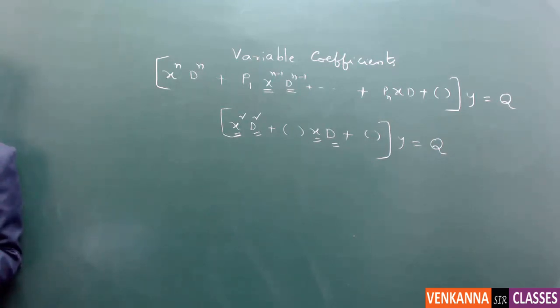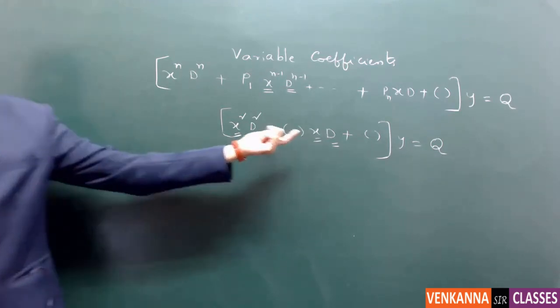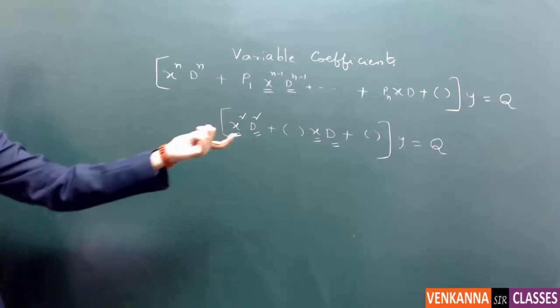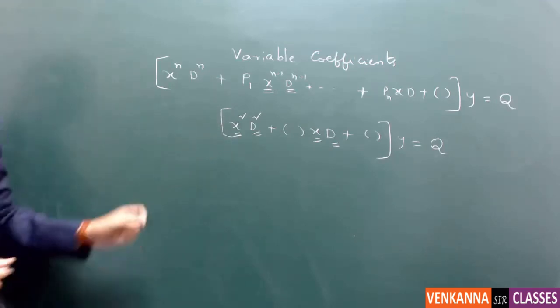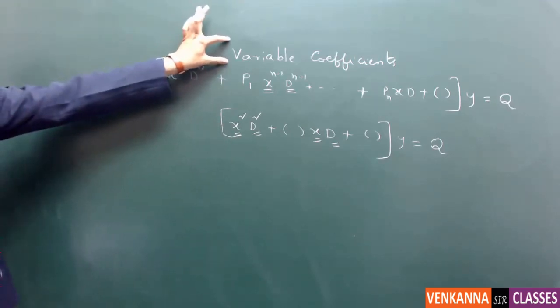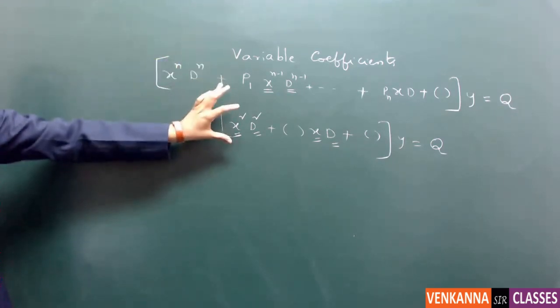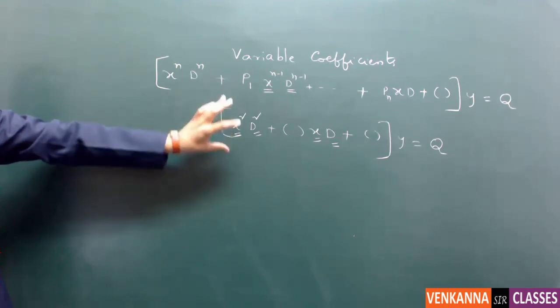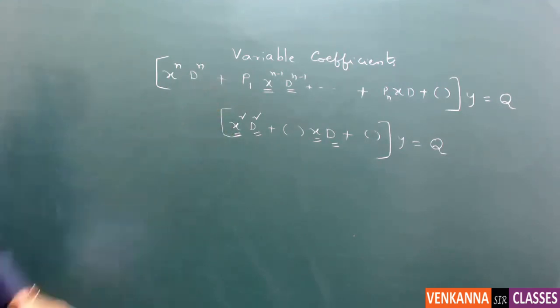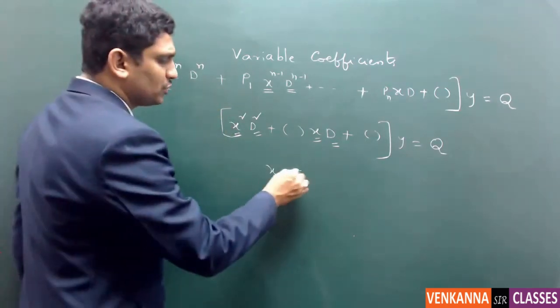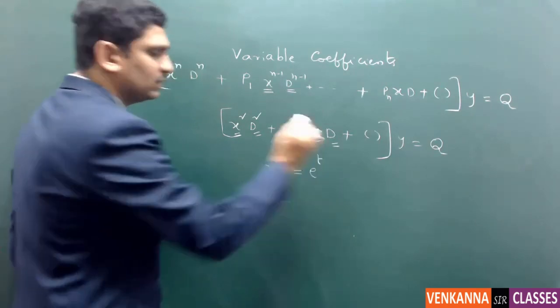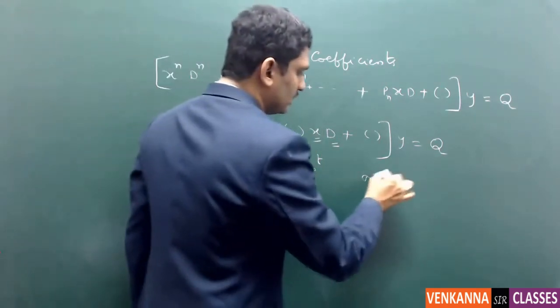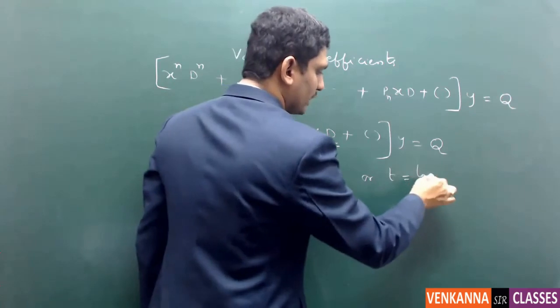The procedure to solve this equation is, in place of xd, we go for a substitution. In other words, we are converting variable coefficients into constant coefficients by means of a substitution. You substitute x equal to e power t, or t is equal to log x.